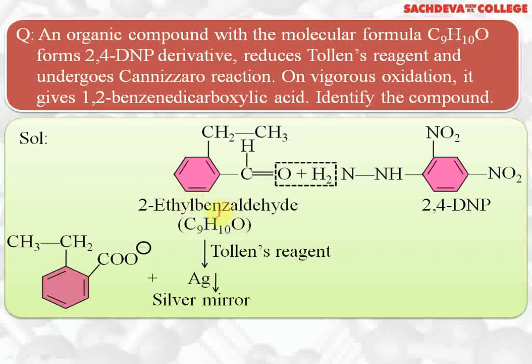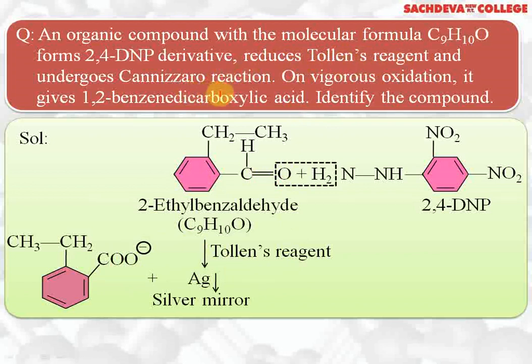2-ethylbenzaldehyde reacts with Tollens reagent and undergoes the Tollens test, forms a silver mirror and the corresponding carboxylate ion is formed. This aldehyde group gets oxidized to carboxylate ion with the help of a mild oxidizing agent, that is Tollens reagent. So that confirms that this compound reduces Tollens reagent.